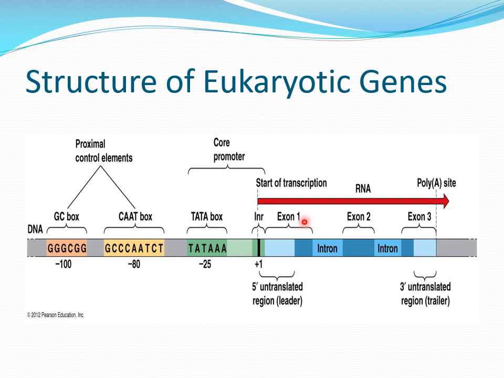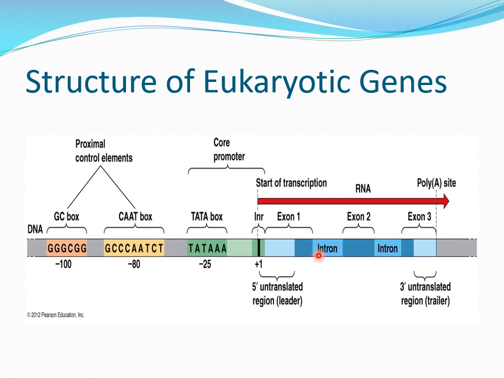So, if transcription of this interrupted gene, or what we call the split gene of a eukaryote, takes place, an entire transcript is produced, having both exons and introns transcribed.